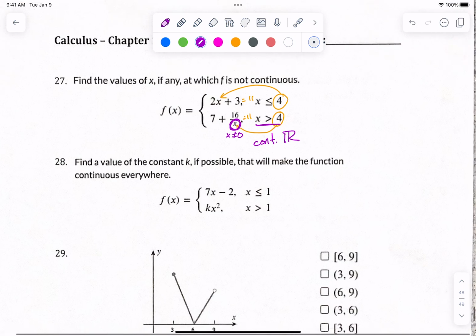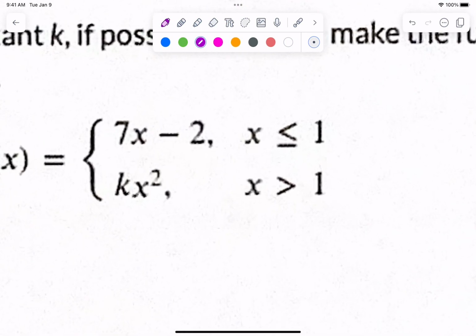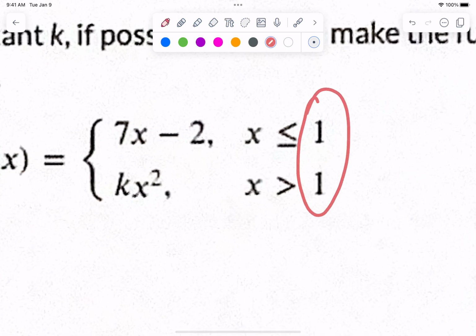All right, 28. Find the value of k, if possible, that will make the function continuous everywhere. If it's not going to be continuous, where is it going to have a gap? At 1, because that's where it jumps from one function to the next, okay? If I plug 1 in here, I get 5.